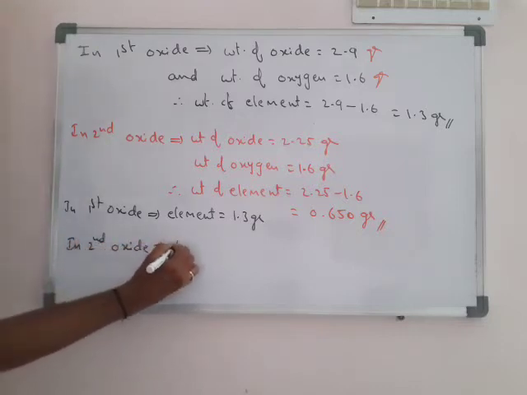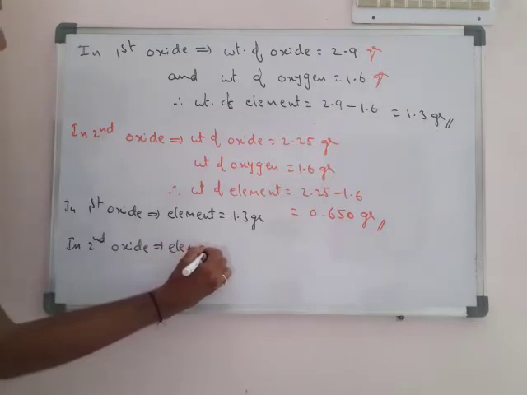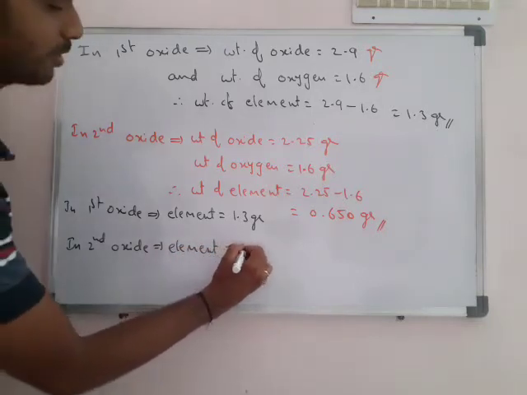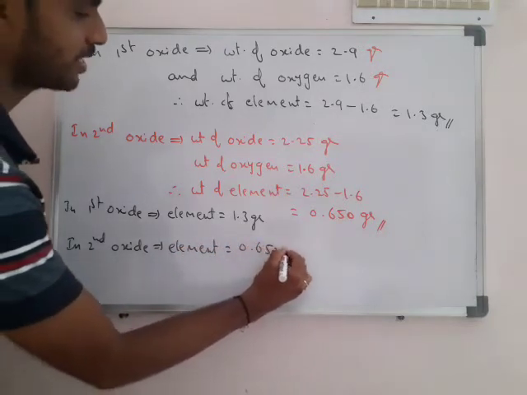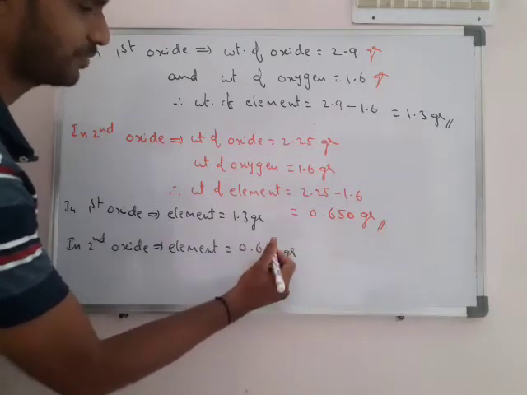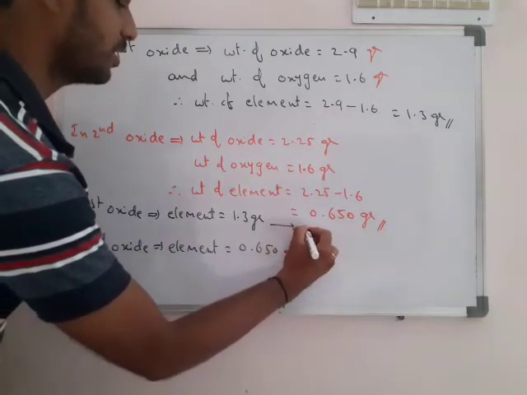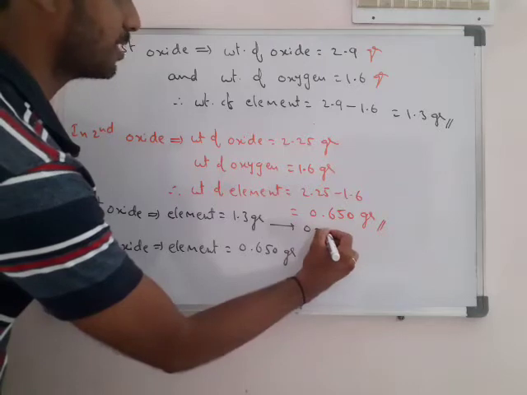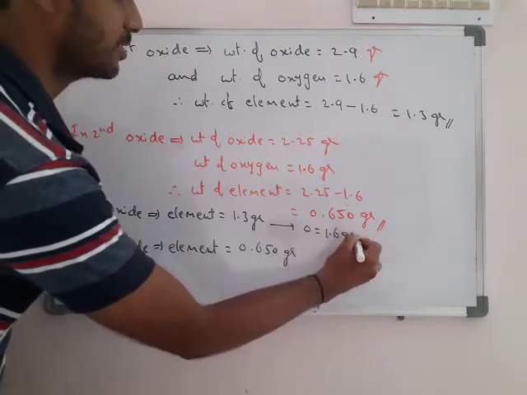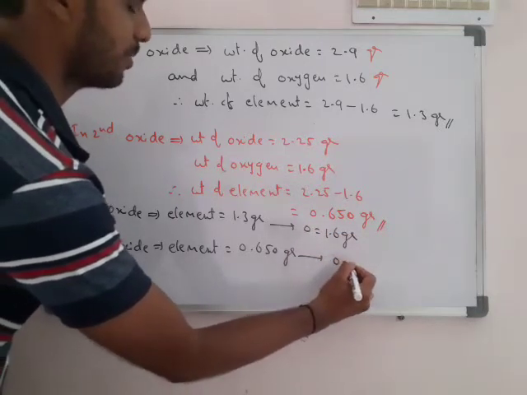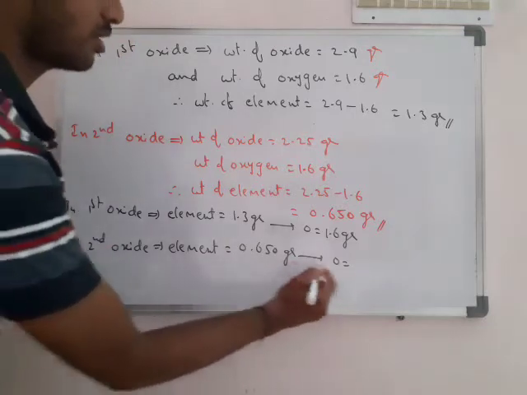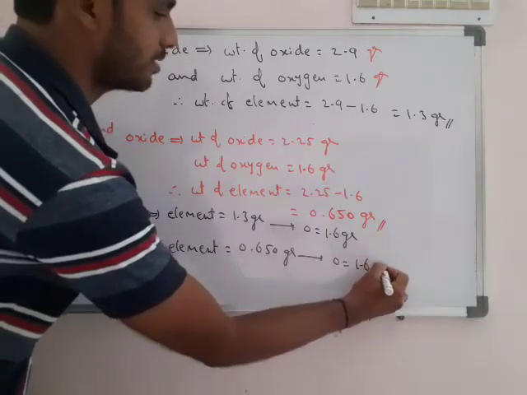In the second oxide, the element is equal to 0.650 grams. In the first, oxygen is equal to how much? 1.6 grams. In the second oxide, oxygen is also 1.6 grams.